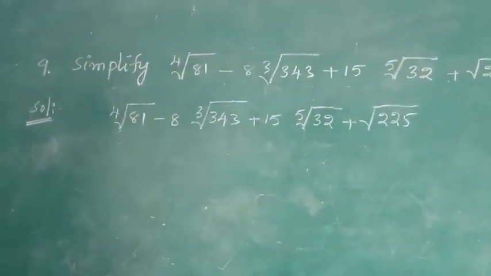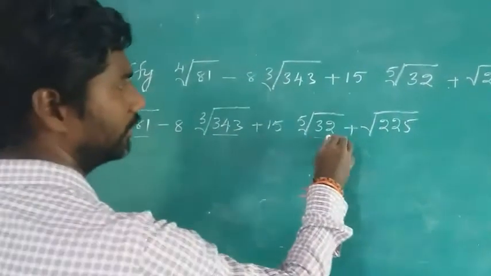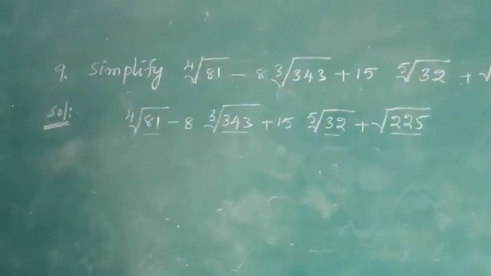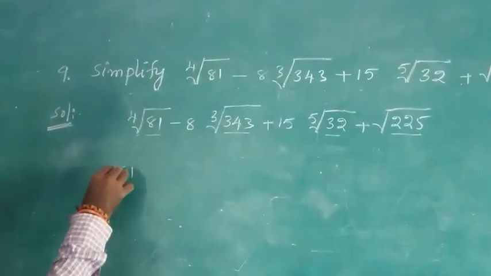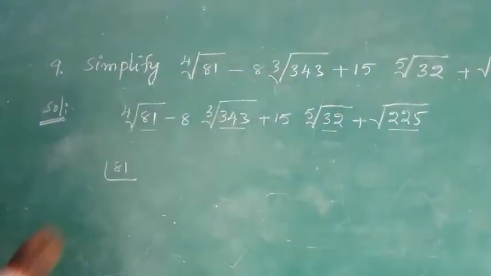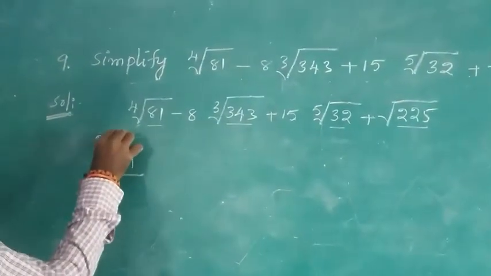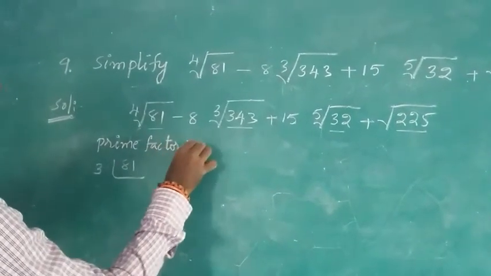We do prime factors individually for 81, 343, 32, 225. If you do it individually for all, you will get the answer. Let me write the 81 prime factorization. Let's take three tables. Prime factorization method.